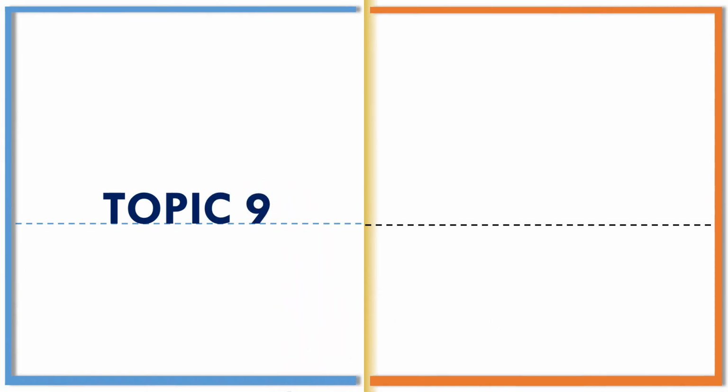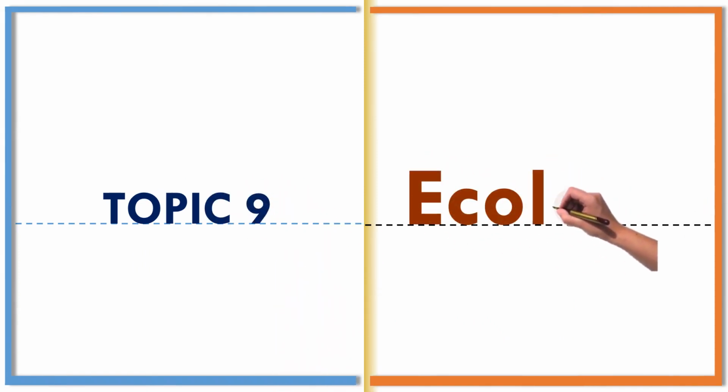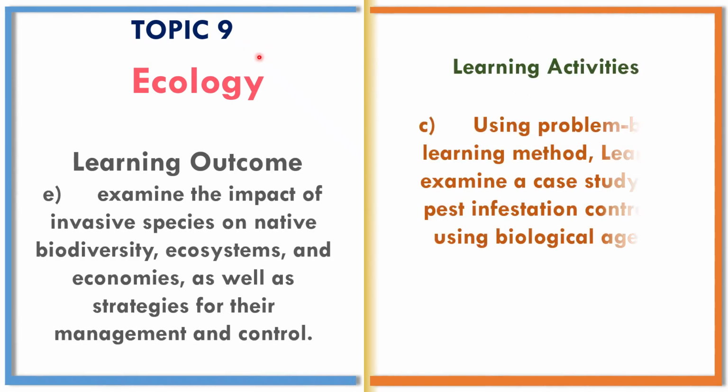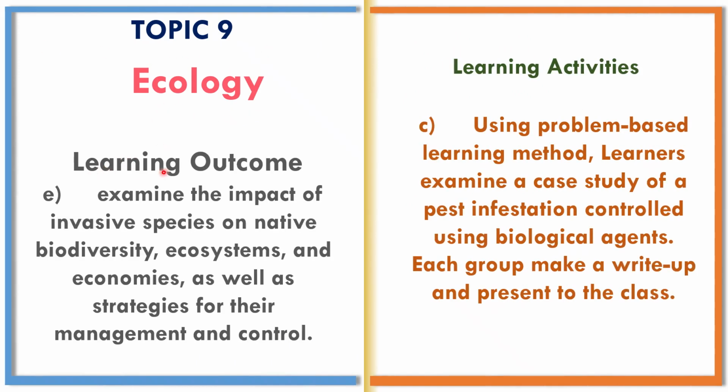It has been topic 9, which is ecology. Thank you for participating in topic 9, ecology. Our learning outcome has been E, examine the impact of invasive species on native biodiversity, ecosystem, and economies, as well as strategies for their management and control.